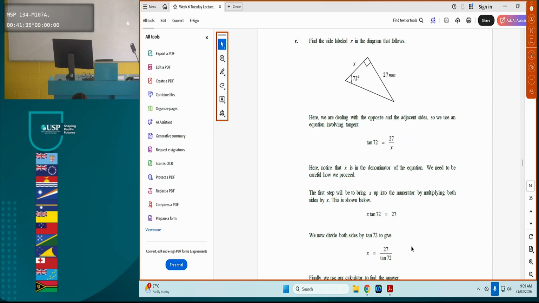So what do we get? x equals 27 over tangent 72, which is the same as this. So you can either move the x to the left and then remove the tangent of 72, or do the reciprocal on both sides.